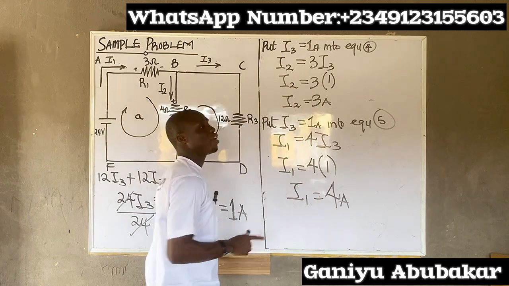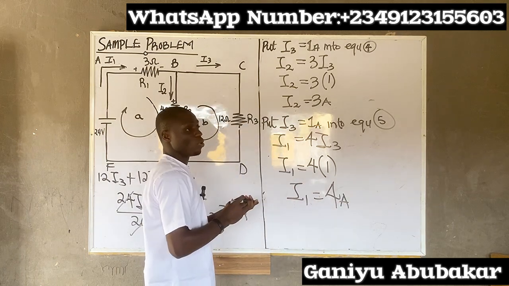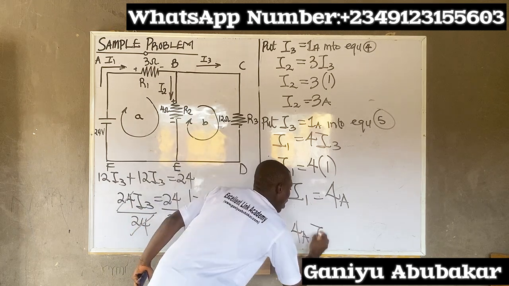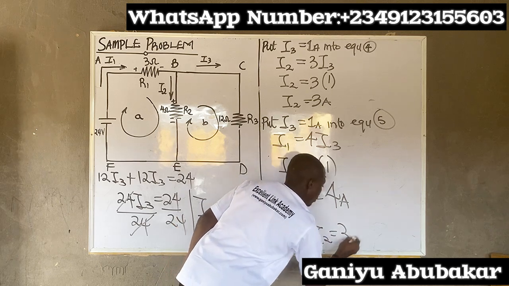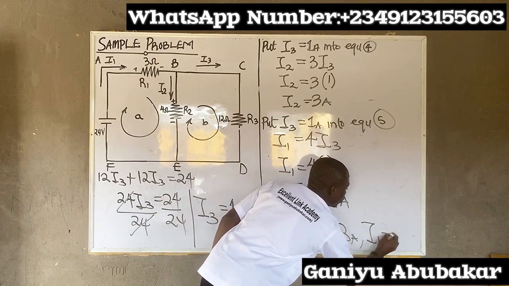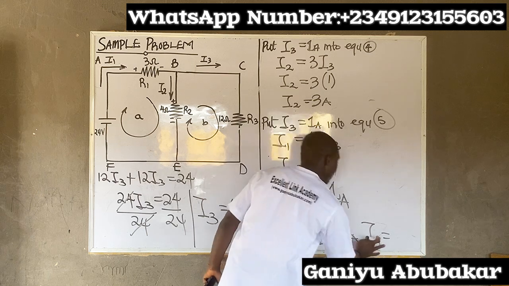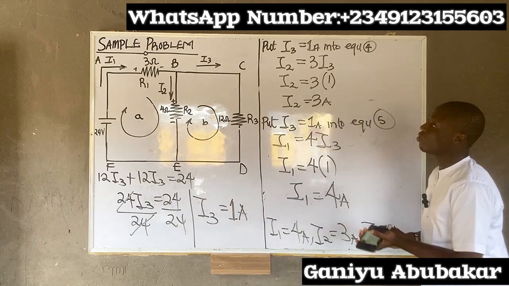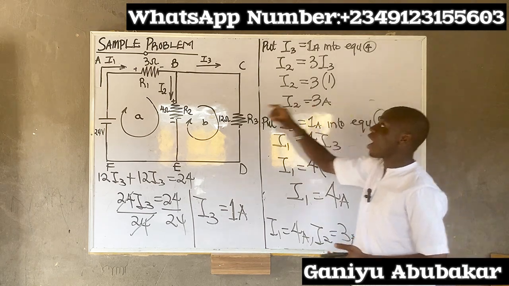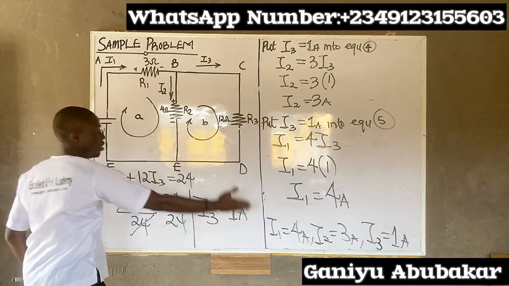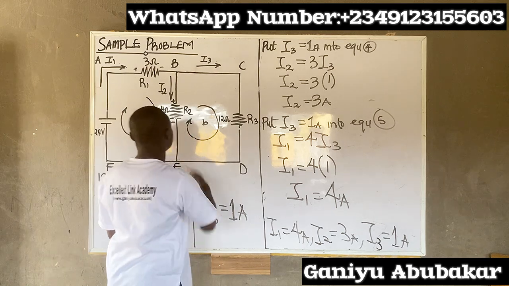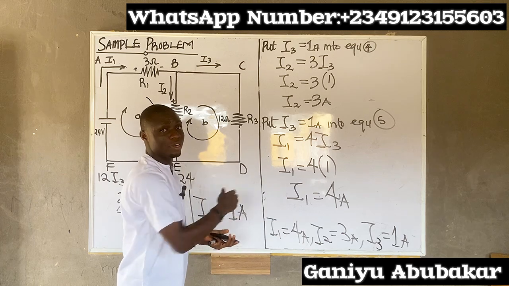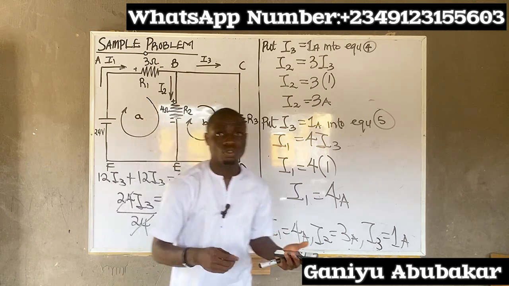Here is the task: you have to find the current at each resistor. So I1 equal to 4 amperes, I2 equal to 3 amperes, and I3 equal to 1 ampere. These are the current values in each resistor, as you can see displayed on the board.